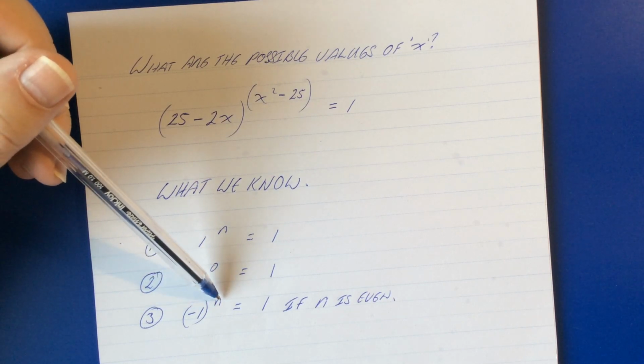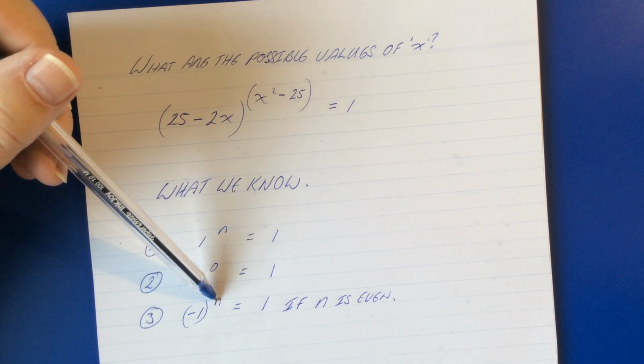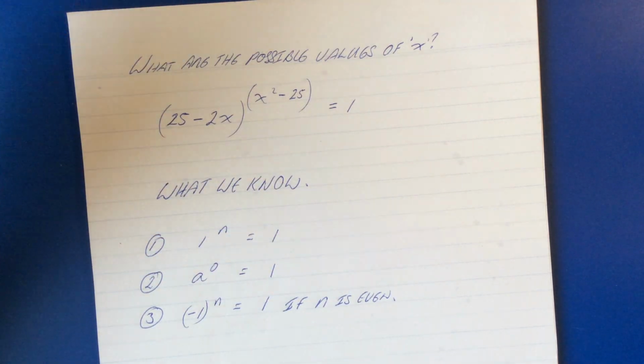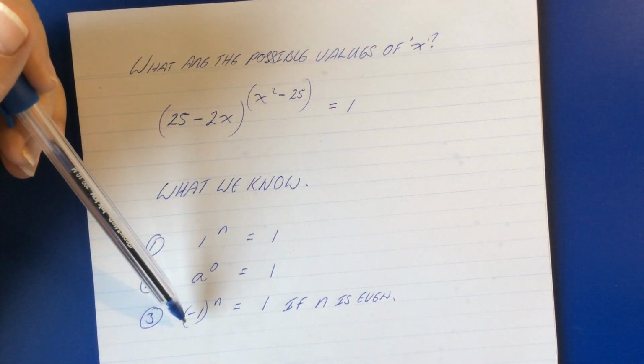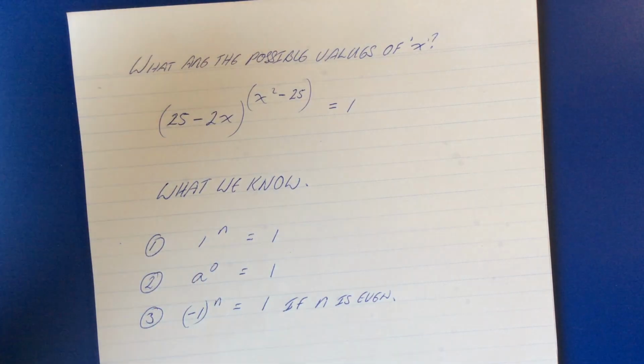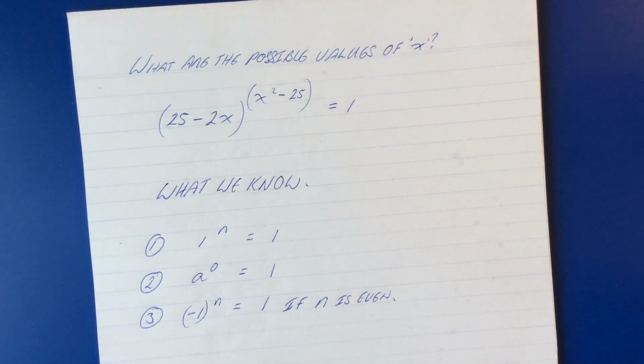Negative 1 to the power of n is 1 if n is an even number. So negative 1 to the power of 3 is negative 1, but negative 1 to the power of 4, 6, 8, 10 will be 1, as n is even.